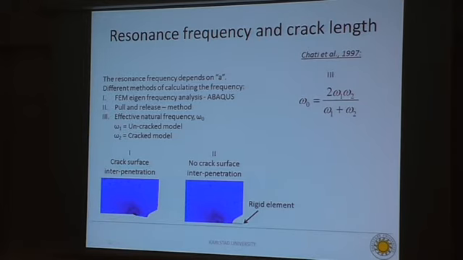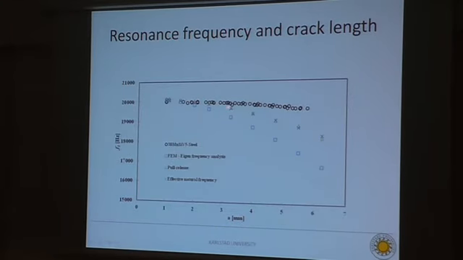So with the help of this equation, we can calculate the effective natural frequency for all crack lengths, and the result from that agrees almost perfectly with the pull and release results. And what that says is that these two methods actually confirm each other, and we can trust them somehow.